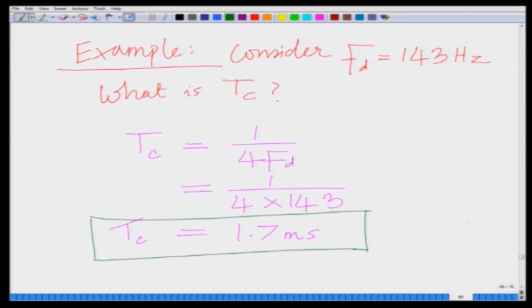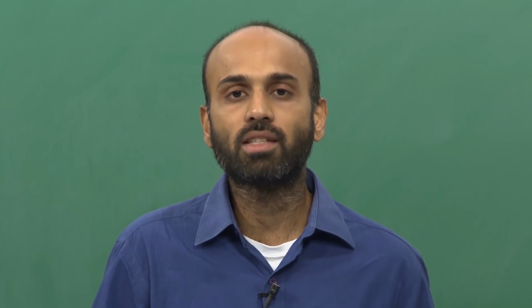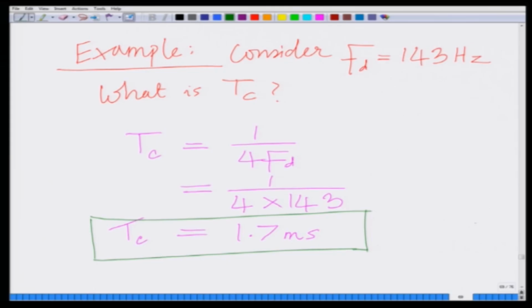The coherence time is of the order of milliseconds. The coherence time for this scenario is roughly 1.7 milliseconds, which means that the channel is constant for 1.7 milliseconds approximately, and the channel is changing after every duration or after every slot of 1.7 milliseconds.